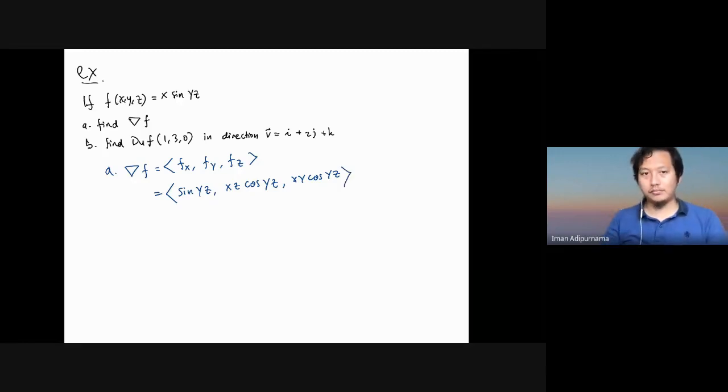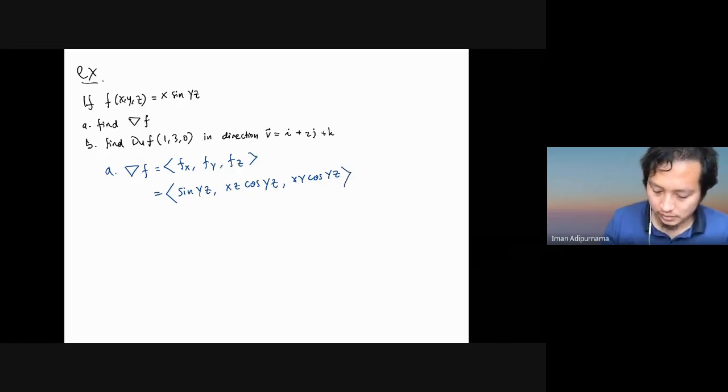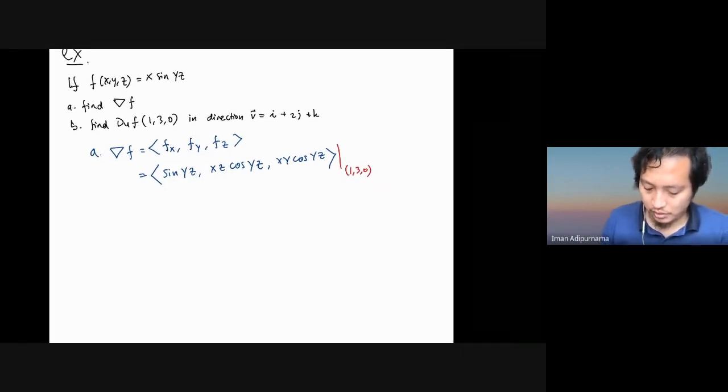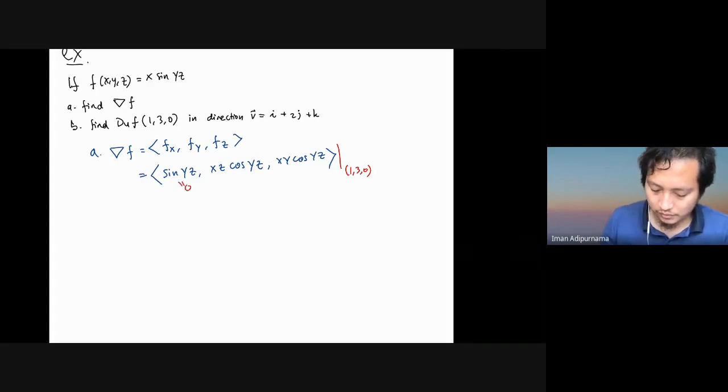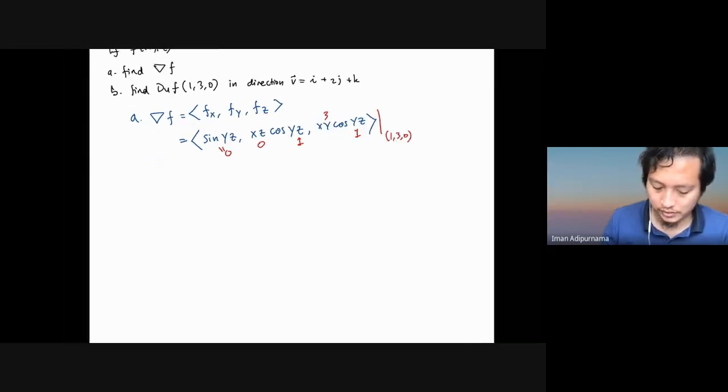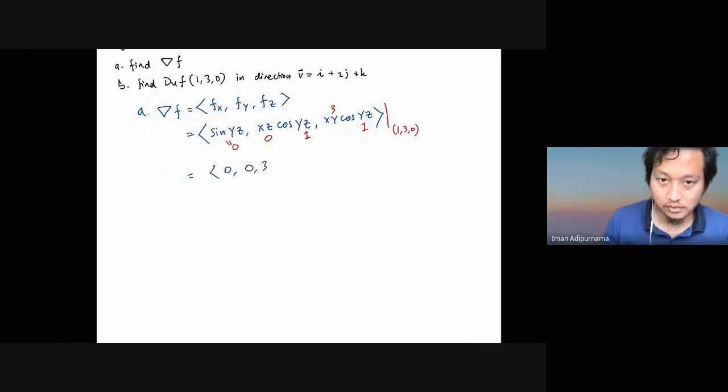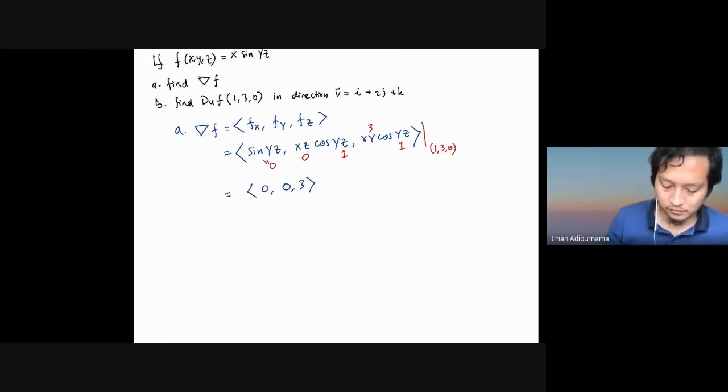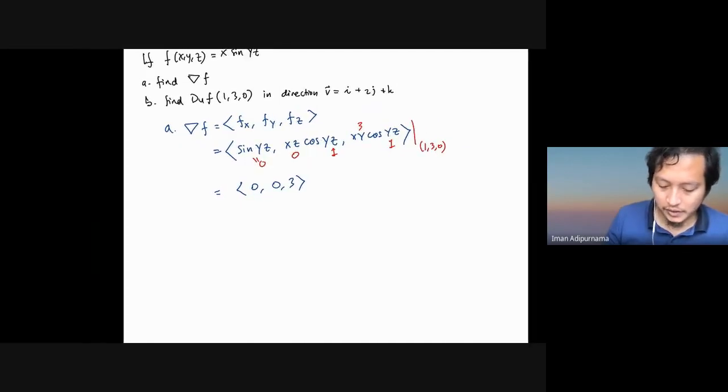Right? And then this is at 1, 3, 0. So this is 0, it's 1, and this will be 3, and it's 0. So 0, 0, 3, right? But I think the gradient vector itself is just this. We need this later.